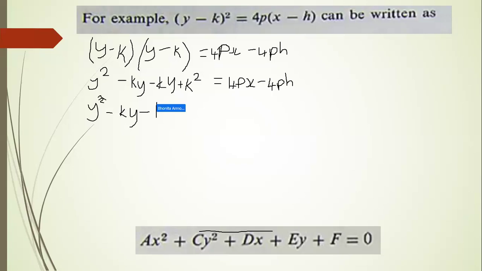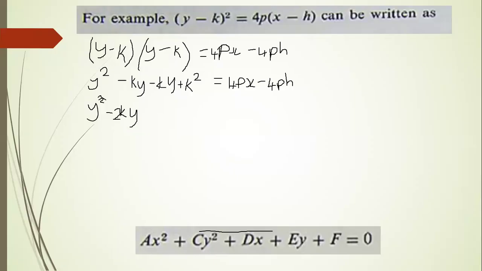Oh, I should simplify this part first. So this minus ky is basically giving us minus 2ky. So instead of writing it twice, I'll just do the simplification one time.